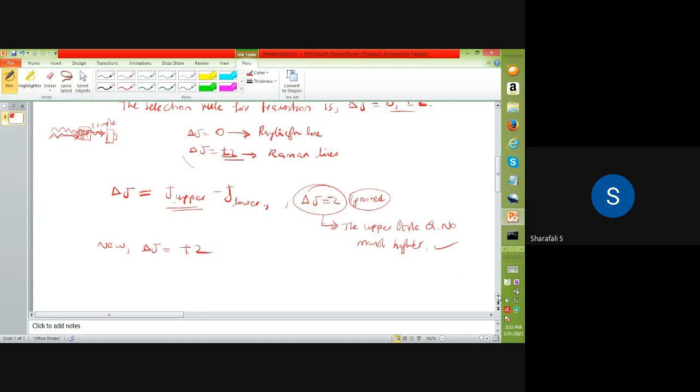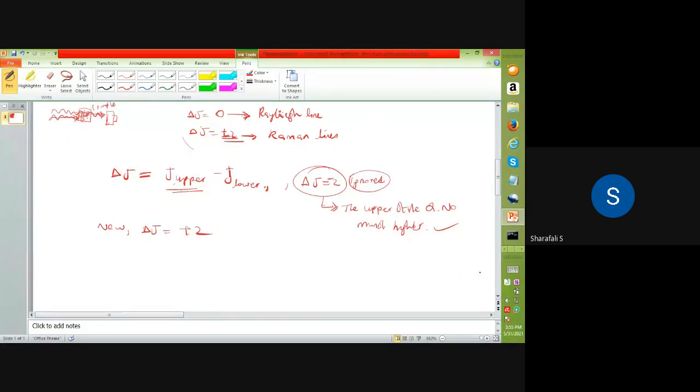Under this condition, delta J equal to plus 2, we get a different answer. Also consider the change in energy, delta epsilon. Remember that epsilon is the energy, and delta epsilon is the change in energy between two energy levels.